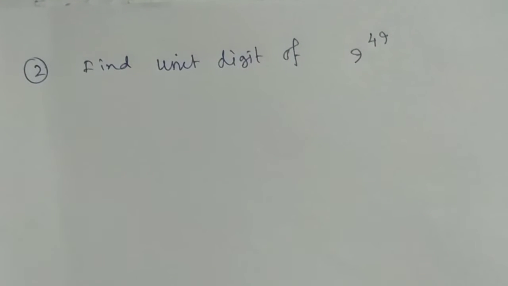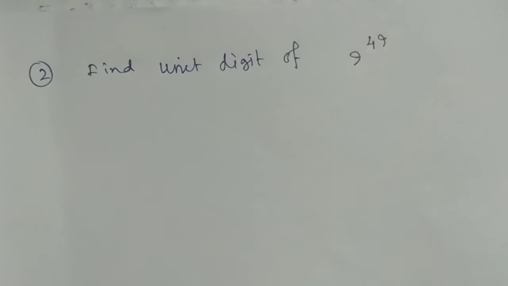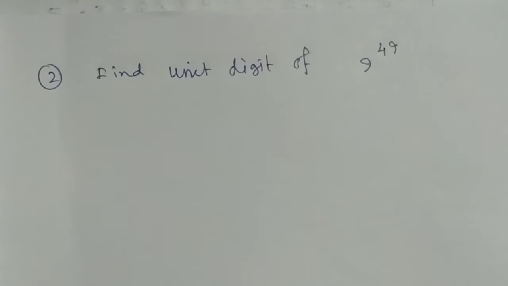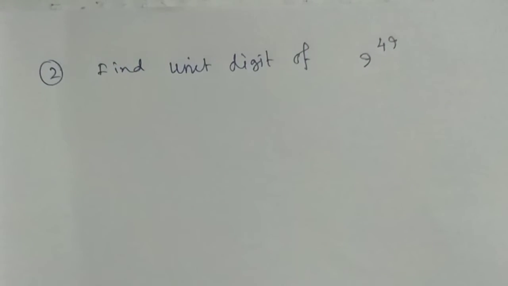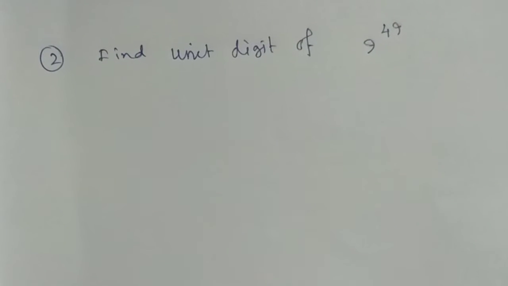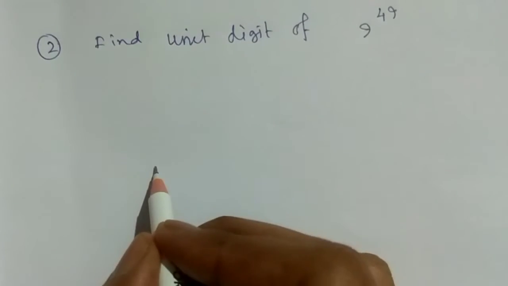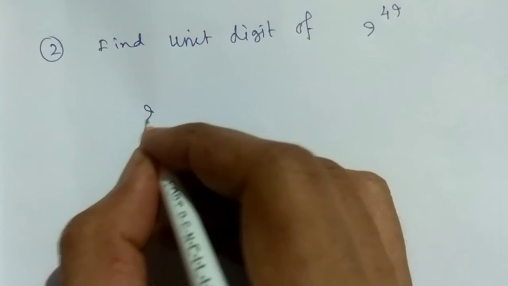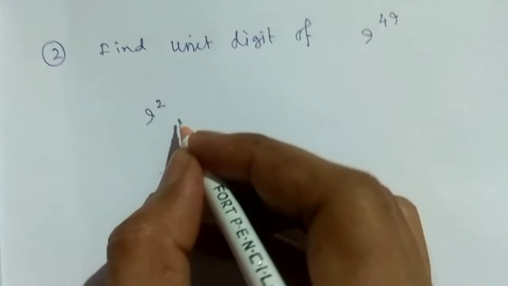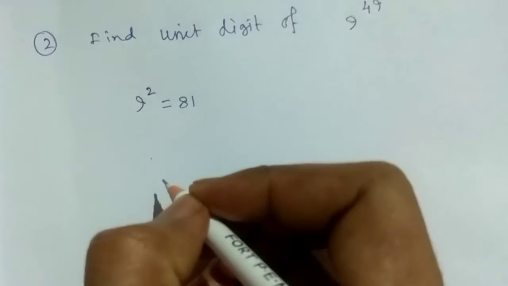Now we have to find the unit digit of 9 to the power 49. This is a very big number and we cannot calculate it easily. So there is a trick to calculate the unit digit of this number. We know 9 squared equals 81.